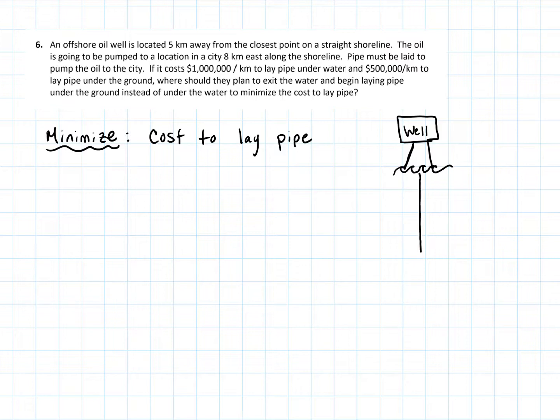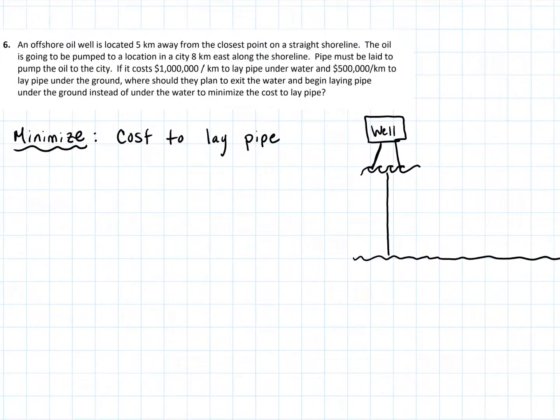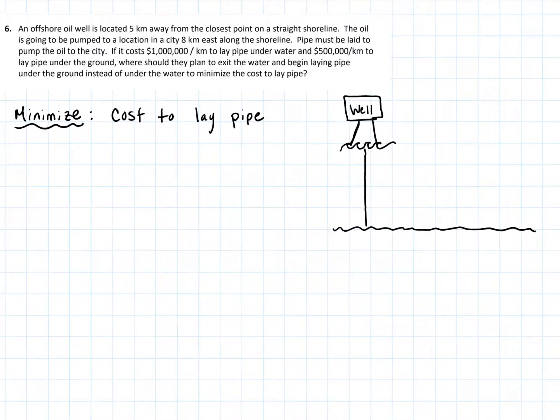So let's suppose that this is the land. So 5 kilometers away from a straight shore, this distance right here is 5 kilometers.